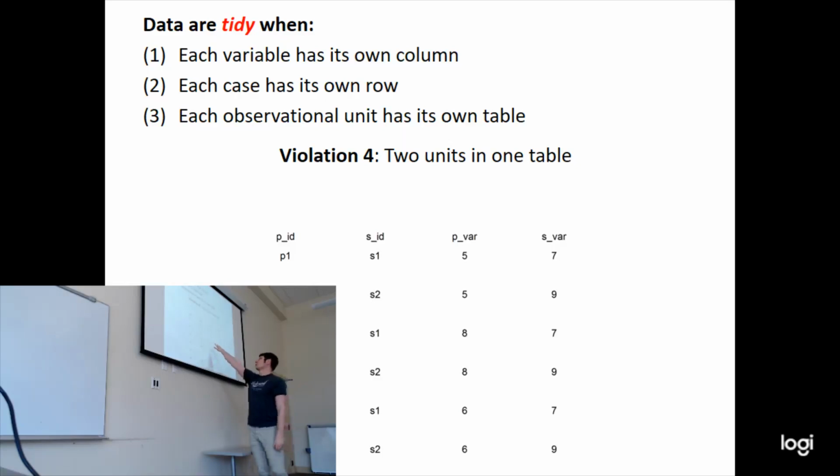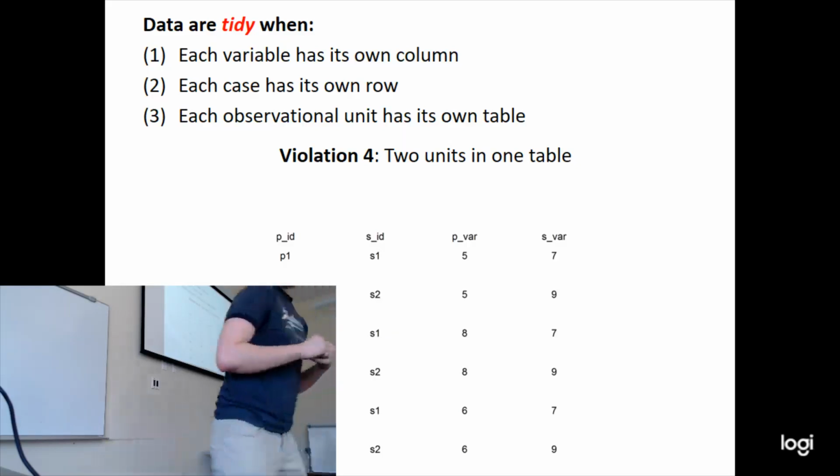Whenever I have the same pupil, I have the same value. So pupil 1 has 5 and pupil 2 has 8. So the fact that I have to repeat certain values across multiple rows might imply that I could represent this as 2 separate data sets that could be merged together, but they didn't have to be together.